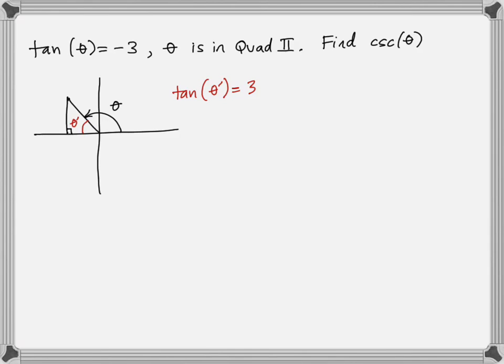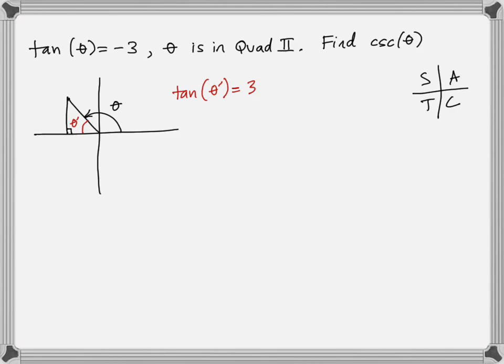Now I wrote a positive 3 on there because reference angles are always acute, which means they're less than 90 degrees. If I were to draw that theta prime in standard position, it would be in the first quadrant, and that would put us in the first quadrant of our little mnemonic, ASTC.